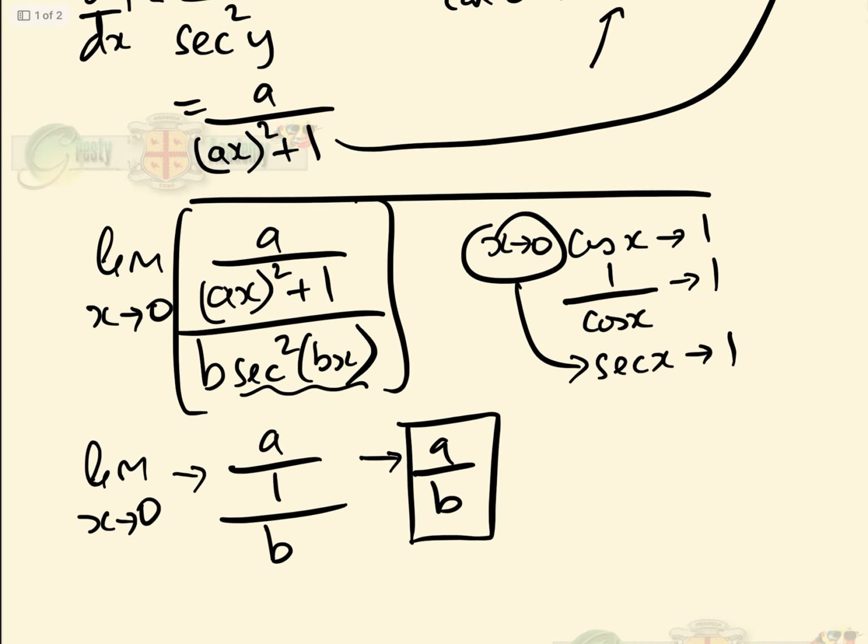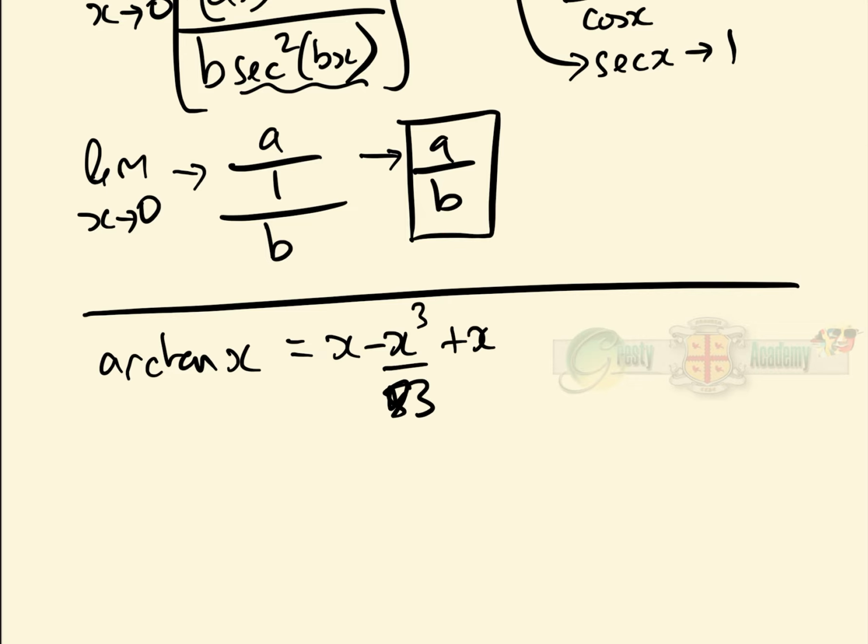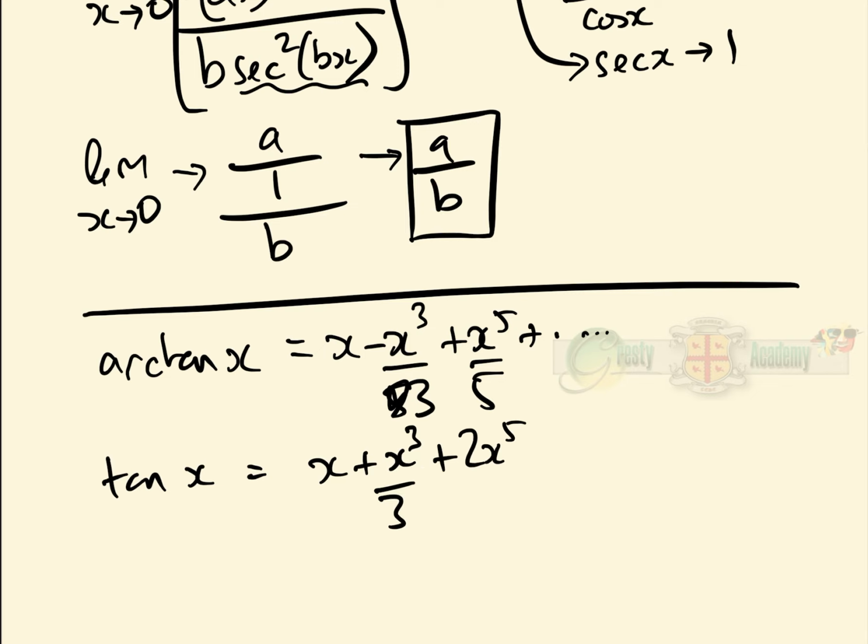Okay, now in actual fact we can confirm this by another method. Let's use Maclaurin series. So arctan of x is equal to, the Maclaurin expansion is x minus x cubed over 3, add x to the 5 over 5, add order of 7, and tan of x is equal to x add x cubed over 3, add 2x to the 5 over 15, add and so on.